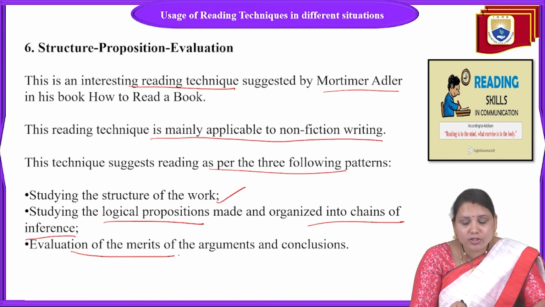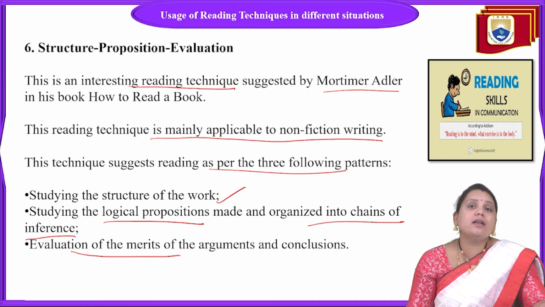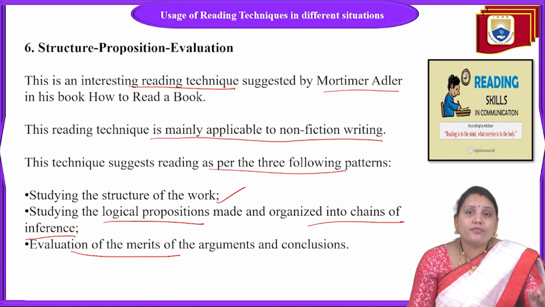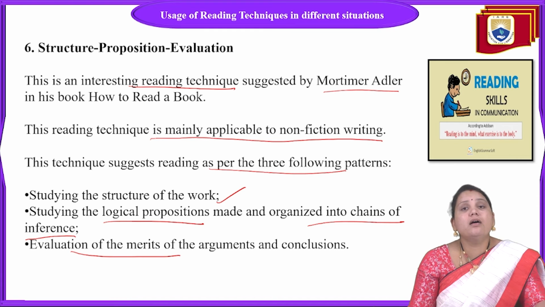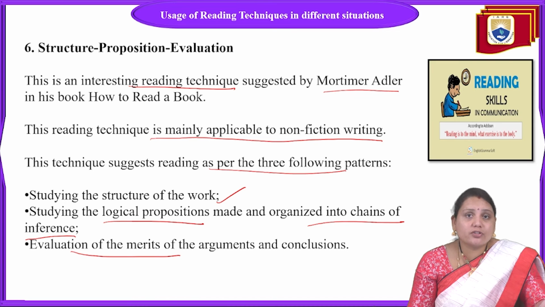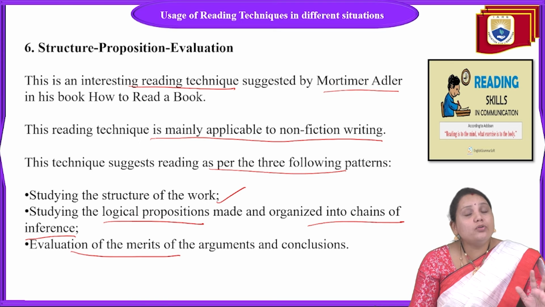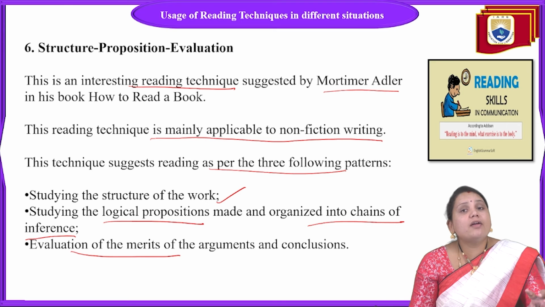Next, evaluation of merits of the arguments and conclusions. By the end, in this kind of reading, you will have evaluation of the arguments and the conclusions. So, basically, in this method of structure proportion evaluation, which was suggested by Mortimer Adler in his book, How to Read a Book, he has explained us about this technique, and this is mostly referred towards the non-fictitious books.